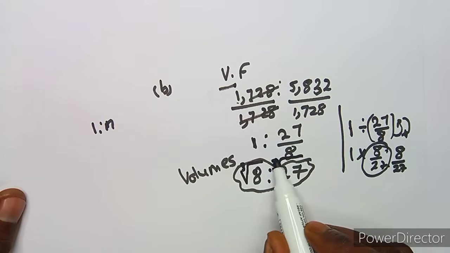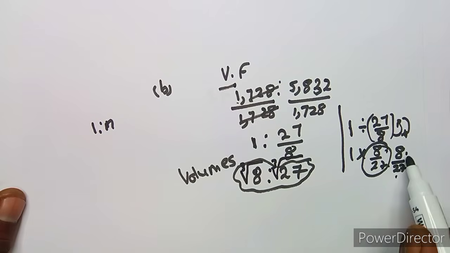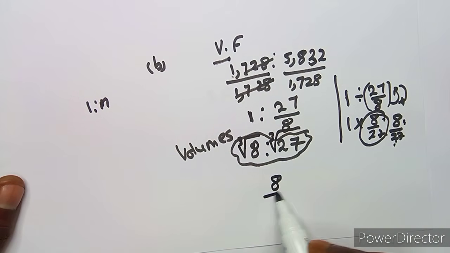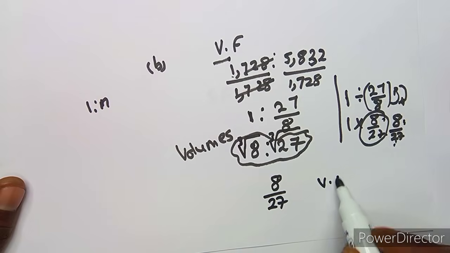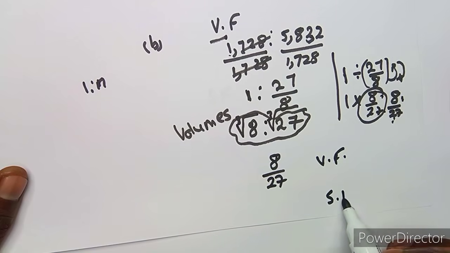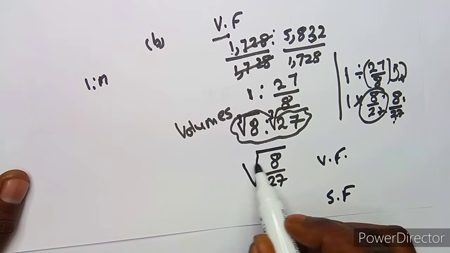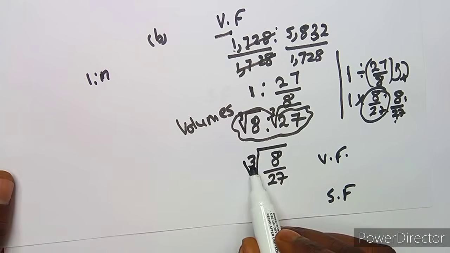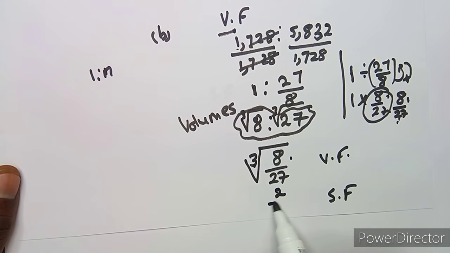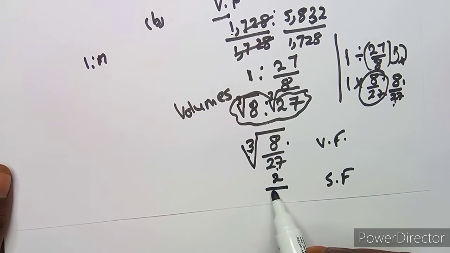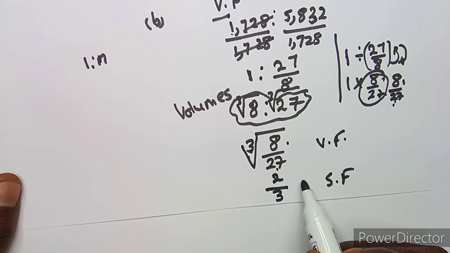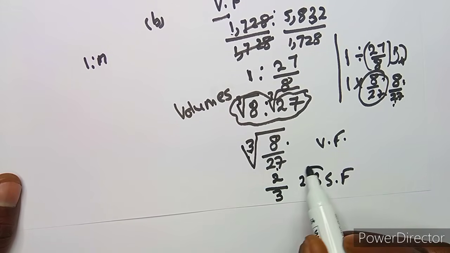With a volume factor of 8/27, the scale factor is the cube root of 8, which is 2, over the cube root of 27, which is 3. So the scale factor is 2:3.